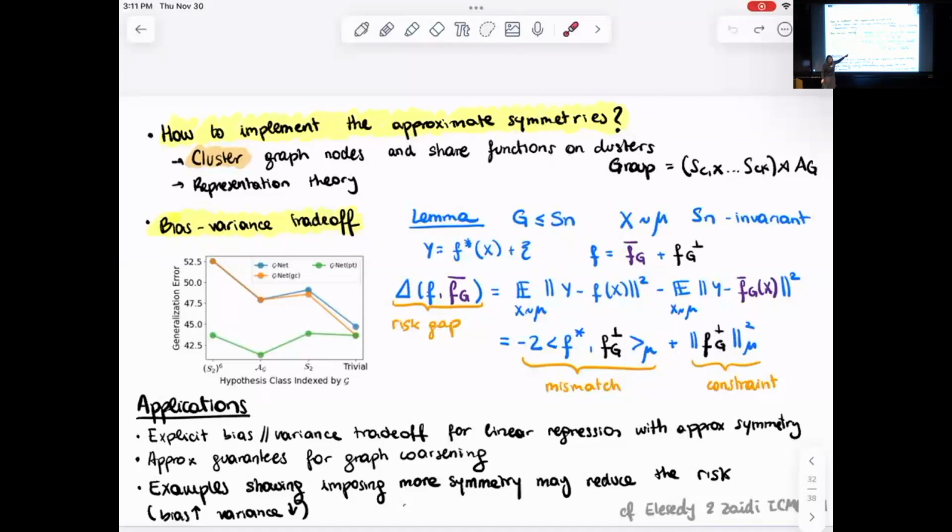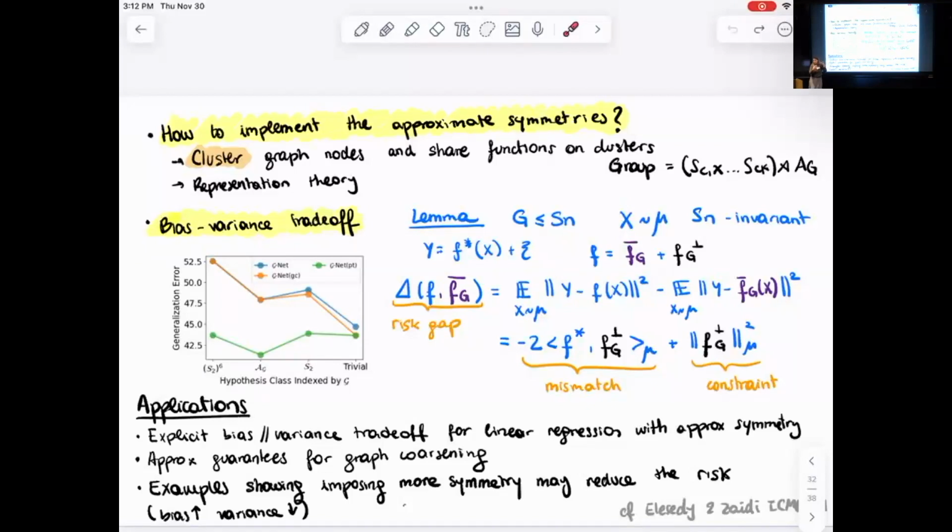So you have something like the double descent phenomenon that I showed you in the first slide. Here in this example, she showed that the performance first improves and then declines when you make the class of functions more expressive, meaning that when you make the group of symmetries that you're imposing smaller.